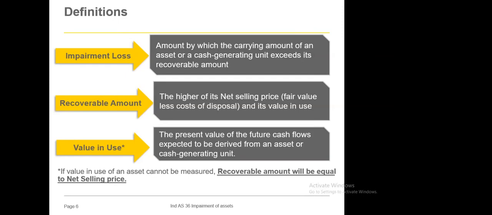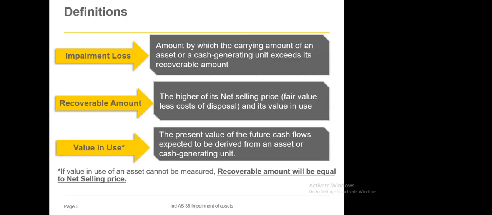So net selling price means your fair value, which we are going to discuss under standard 113, less the cost of disposal. Cost of disposal also we will discuss, what all are included under it. Then what do we mean by value in use? This also we will discuss in detail. So let us understand what we mean by value in use.